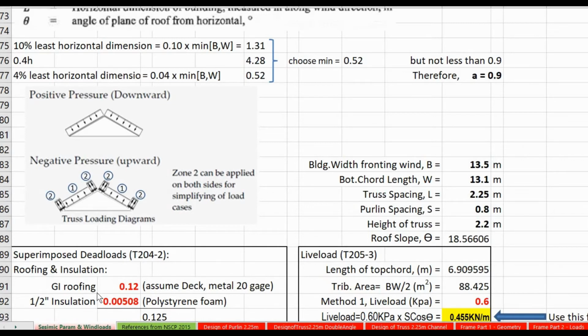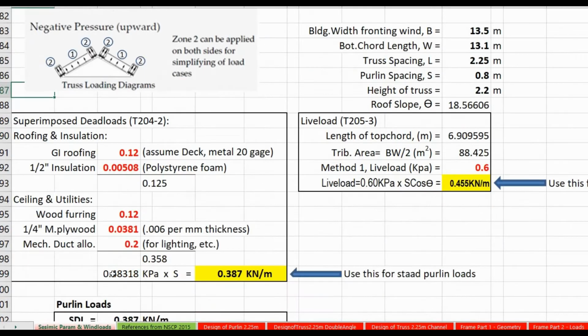So, ang mga nakapatong sa trusses, you have the roofing and insulation. Ito rin ay nakapatong sa purlins. Okay? So, we have GI roofing and insulation. From table T204-2, ang gagamitin natin ay 0.12. So, that is gauge 20. And then, you have one.